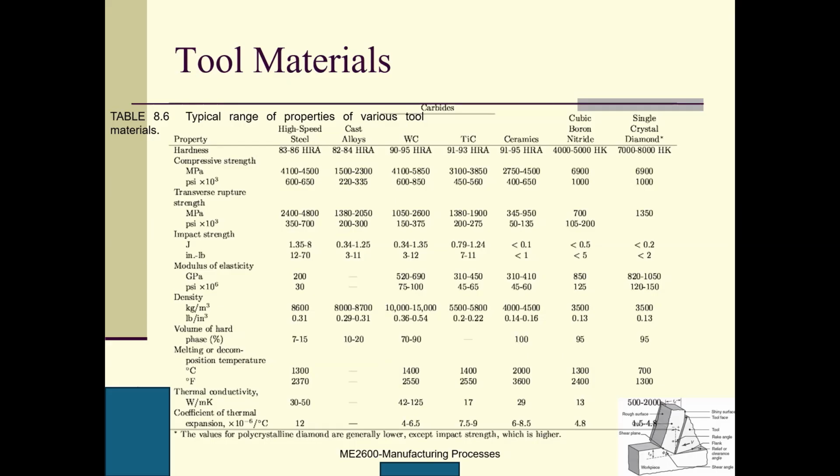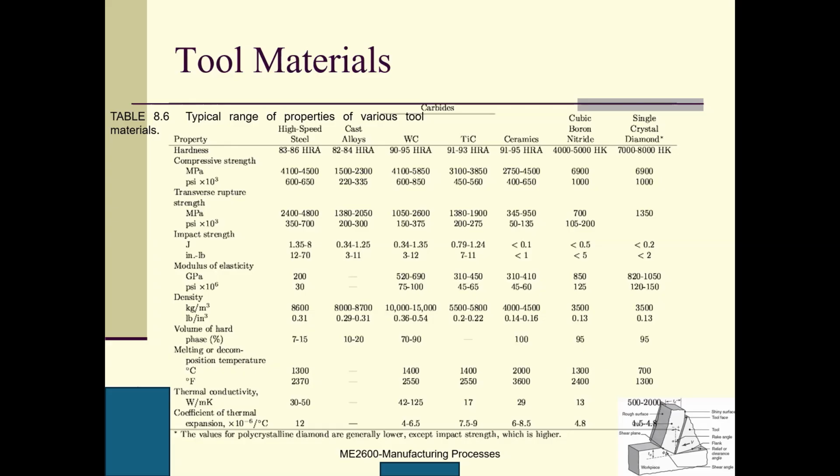The traditional light bulb filament is made of tungsten. Then carbide, titanium carbide, ceramics, and cubic boron nitride, from the earliest to the latest. The single crystal diamond is definitely the most expensive, but the best one for the tool. It is very, very expensive, so usually we do not use it in our case.